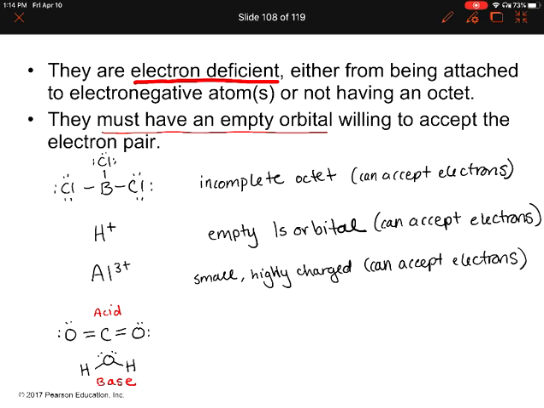A lone pair from the oxygen in water can actually interact with carbon, and then one of the pairs of electrons between carbon and oxygen is going to move over and therefore create an empty orbital on carbon. So then carbon can actually accept the electrons from oxygen.